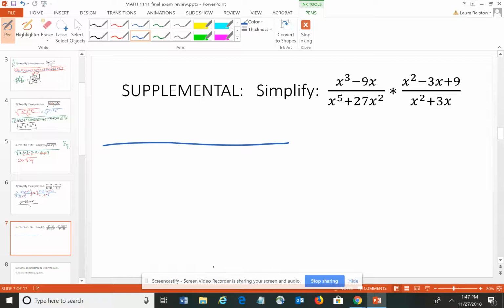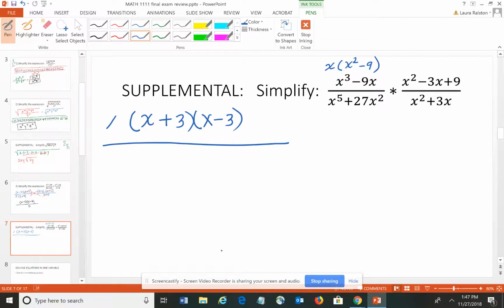So I have x cubed, and I can take out an x. And if I take out an x, that leaves me with x squared minus 9. But x squared minus 9 factors into x plus 3, x minus 3.